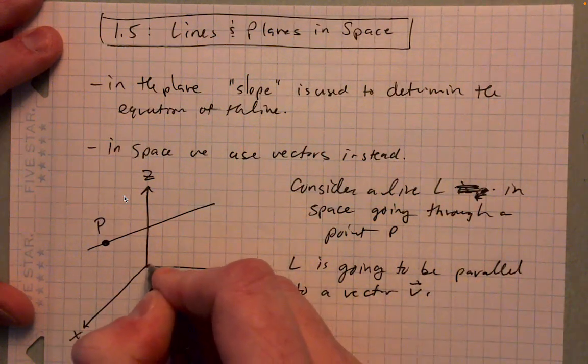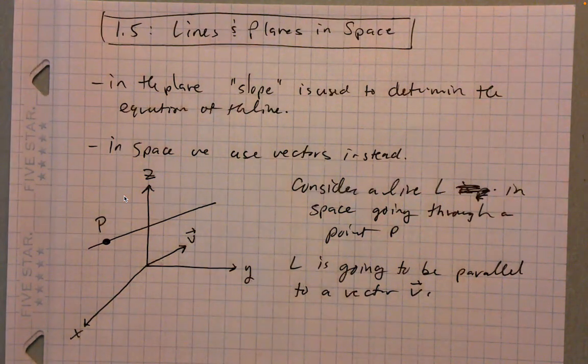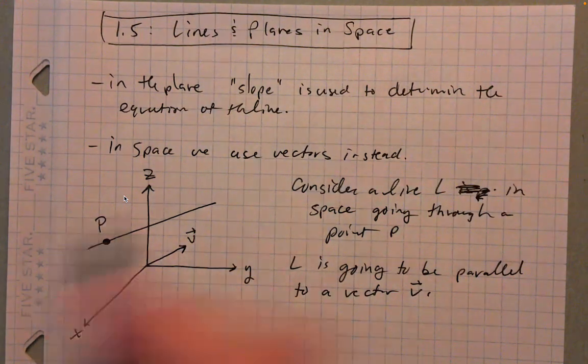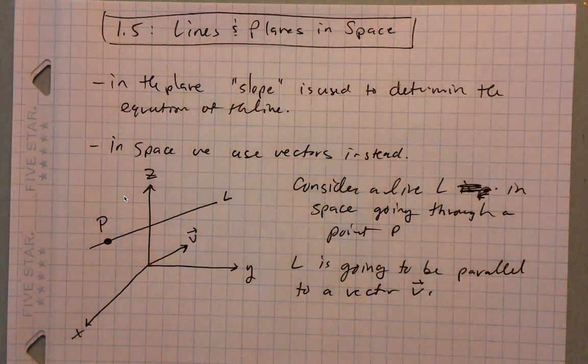I'm going to draw v in here, and I'm going to try to make it look parallel, but you'll just have to accept that it's meant to be parallel to the line L. So L goes through P and is parallel to v.